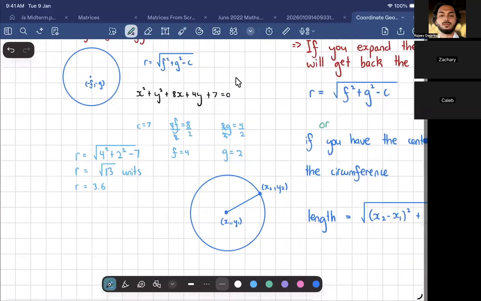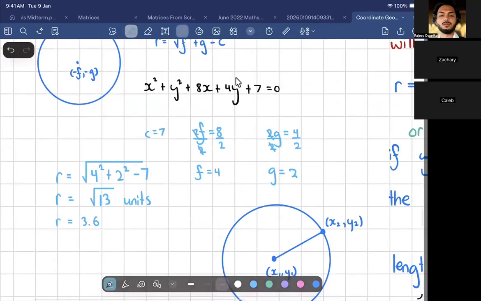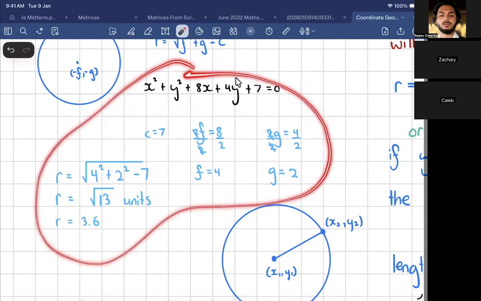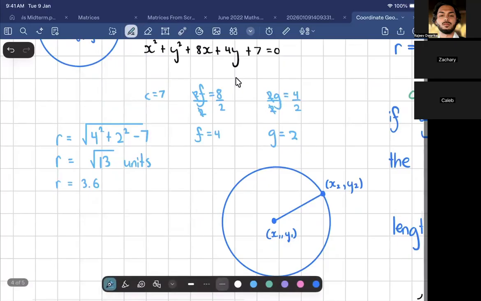You ready to verify this on a diagram now? Because you're probably saying, well, sir, I just saw a bunch of numbers, but it doesn't look like a circle. Okay, I can give you a proof. According to what we figured out over here, we're going to have a radius of approximately 3.6.